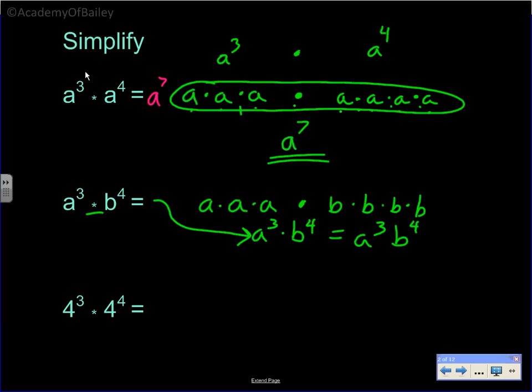So you could say we have 64 times 256, and then you have to multiply that out. But really, what we have is 4 times 4 times 4. That's 4 cubed. The asterisk or the multiplication sign there. And then 4 to the fourth.